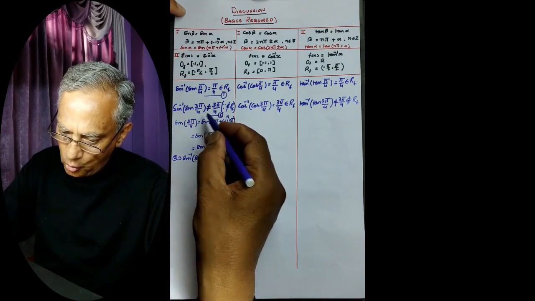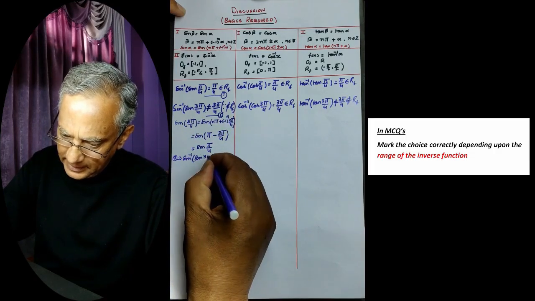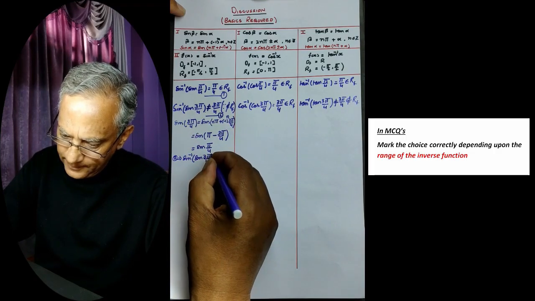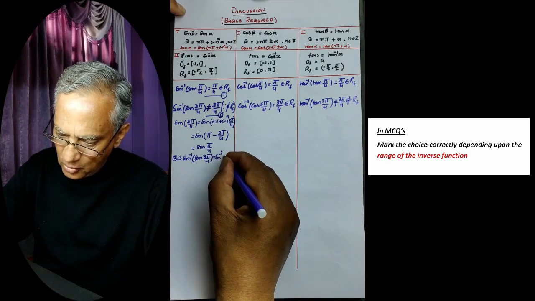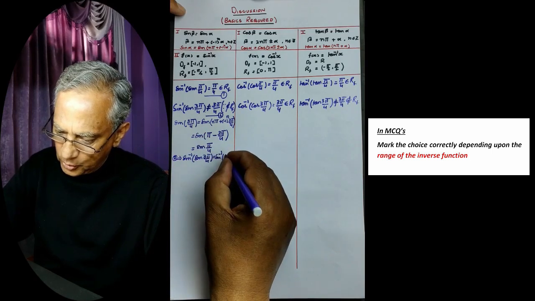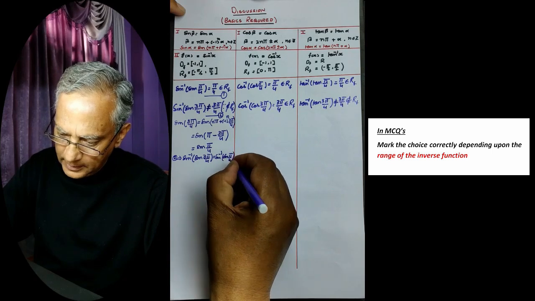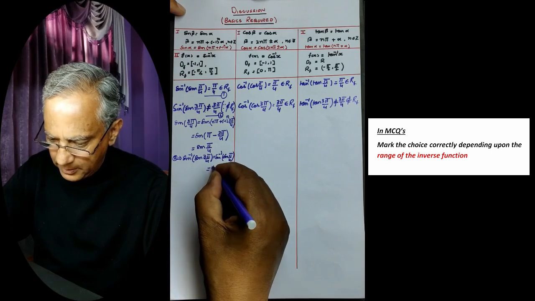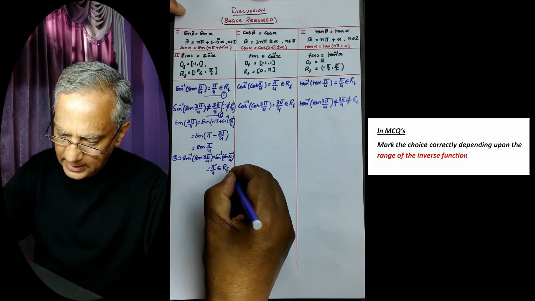Therefore, sine inverse of sine 3 pi by 4 is equal to sine inverse of sine pi by 4. So this is pi by 4, and this belongs to the range of f.